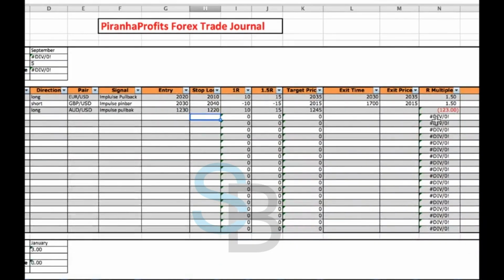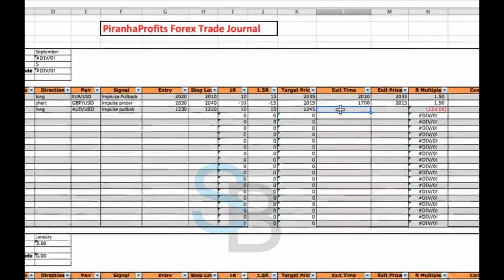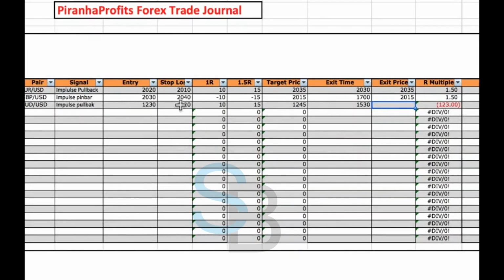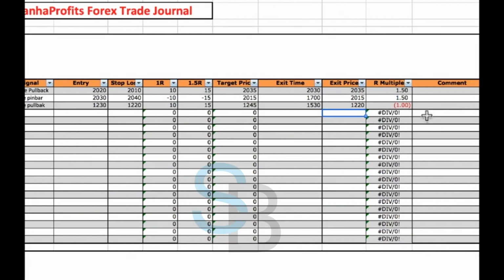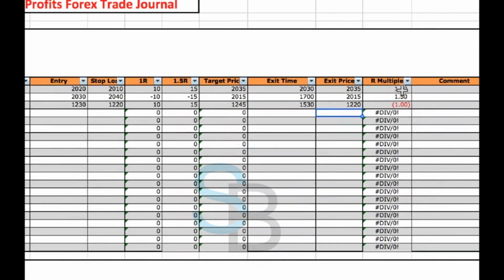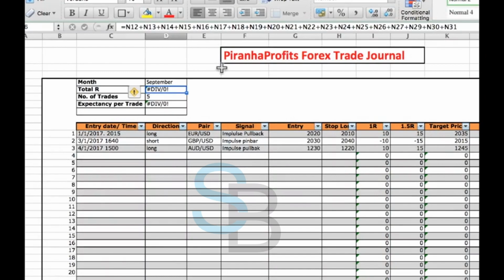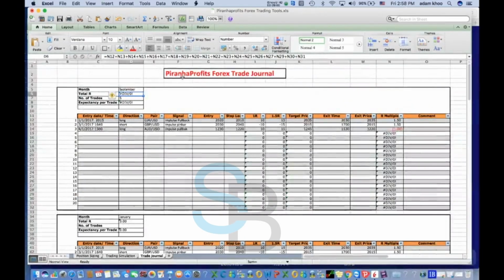Okay, and if you exit at, say, I don't know, you exit at 1230 and you exit at a stop loss, that means you exit at a loss at 1220, boom, you get -1R. Okay, so as you trade, you get 1.5, 1.5, -1, -1, 1.5, and at the end of the month, you have your total, your total R at the end of the month.